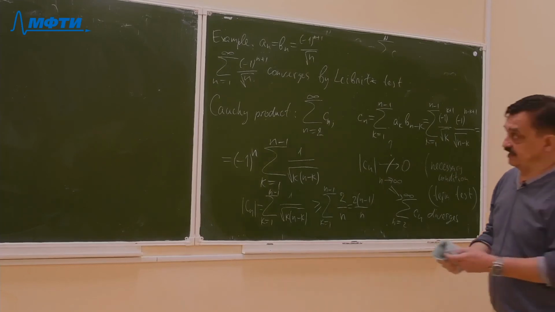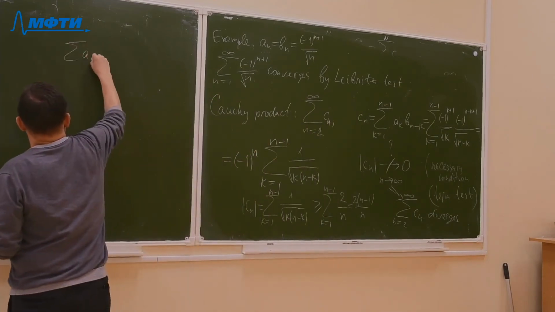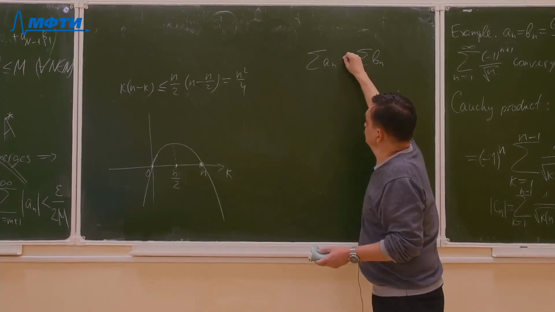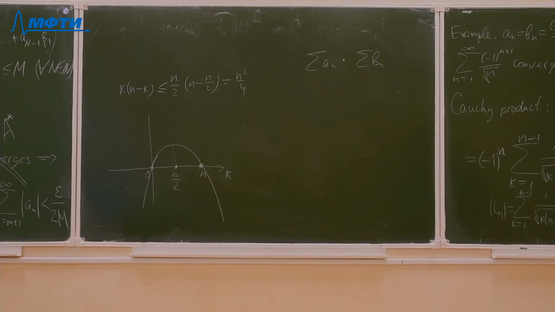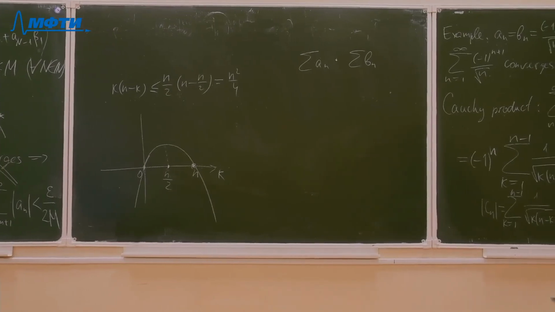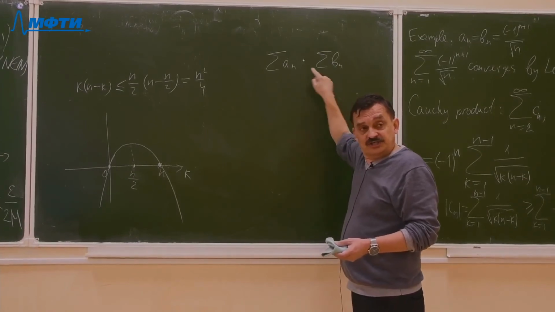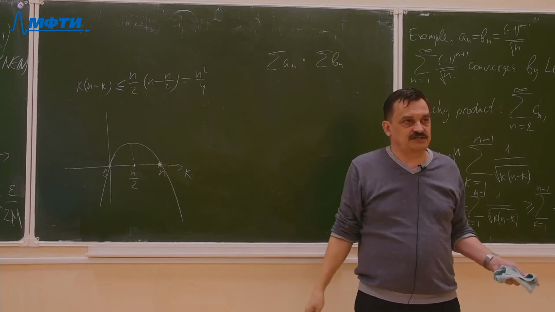So, once again, look. If we have two series and we want to multiply them, then what may happen? If both series converge absolutely, you can do it without any restriction, right?